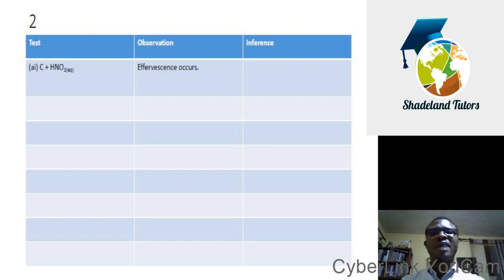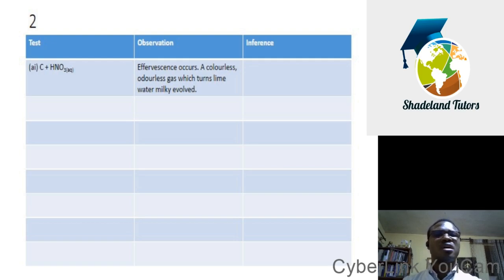We say effervescence occurs. But anytime you report the occurrence of effervescence, which is the bubbling, you must give some characteristics of the gas that is responsible. Now, a colorless, odorless gas which turns lime water milky is evolved.